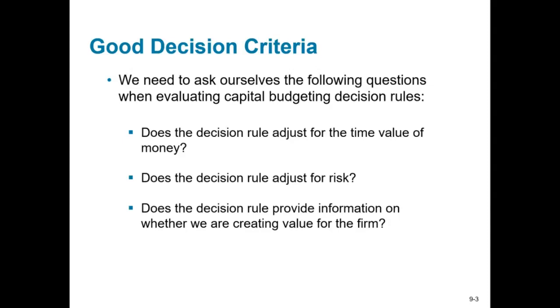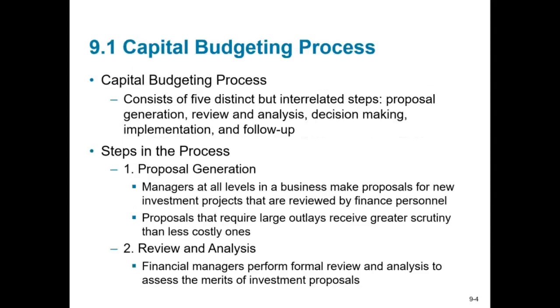Because a business is there to create value for the shareholders' wealth. Therefore, when we make capital budgeting decisions, we make sure that these 3 questions are taken into consideration while making an investment decision or capital budgeting decision.